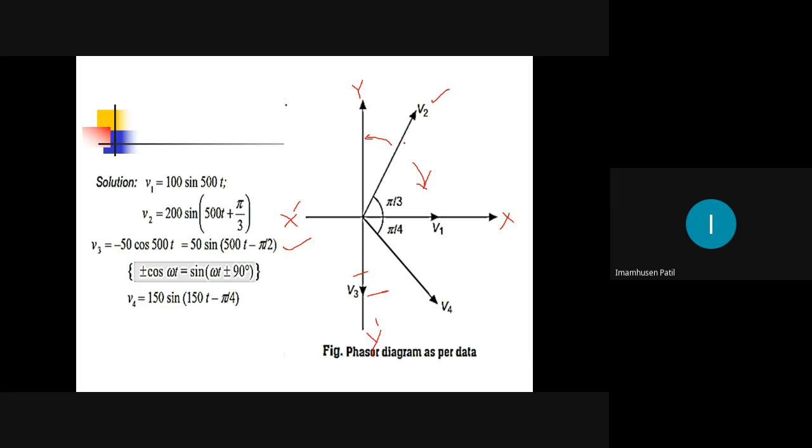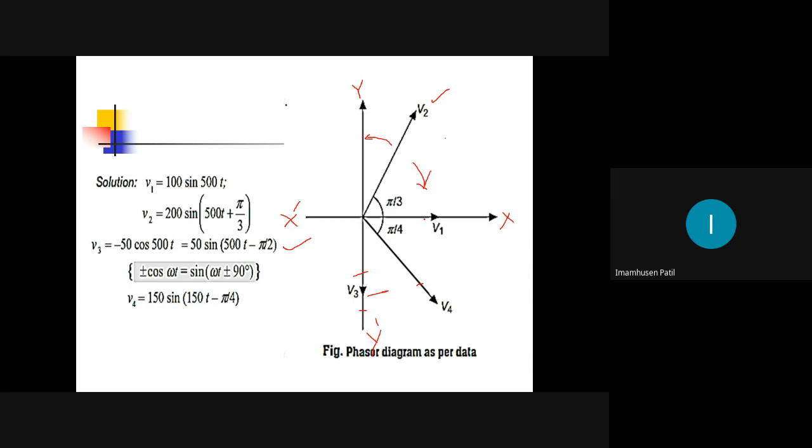V2 we have drawn upward considering the plus sign, and this we have drawn considering the minus sign. That sign is already considered. Now, while calculating vertical and horizontal components, you should take only the angle, by what angle they are separated.